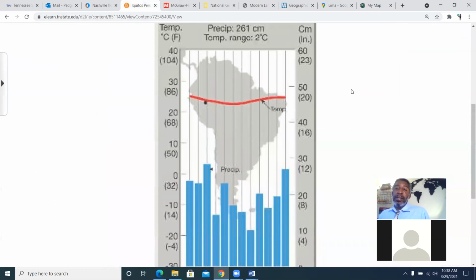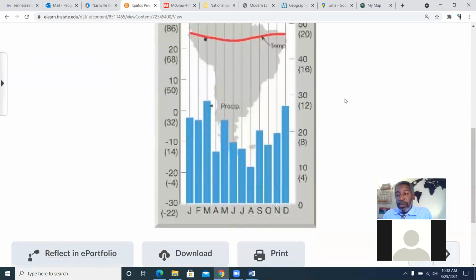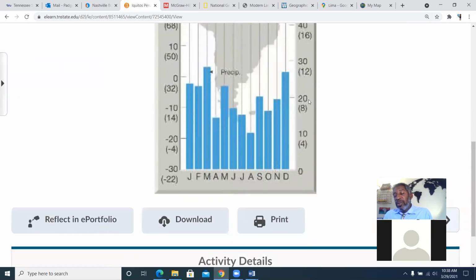So let's say this is, instead of 60 centimeters, let's say this is 600 millimeters, 500 millimeters, 200 millimeters. So there are about 25 millimeters per inch.